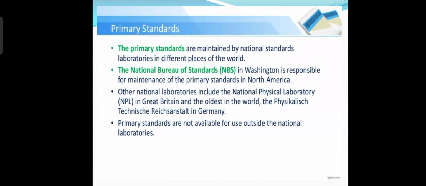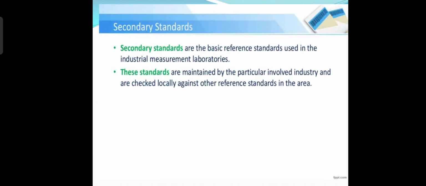Primary standards are not available for use outside the national laboratory. The main function of the primary standard is the verification and calibration of secondary standards. The primary standards are few in number. Primary standards must have the highest possible accuracy and highest stability against environmental and other changes.